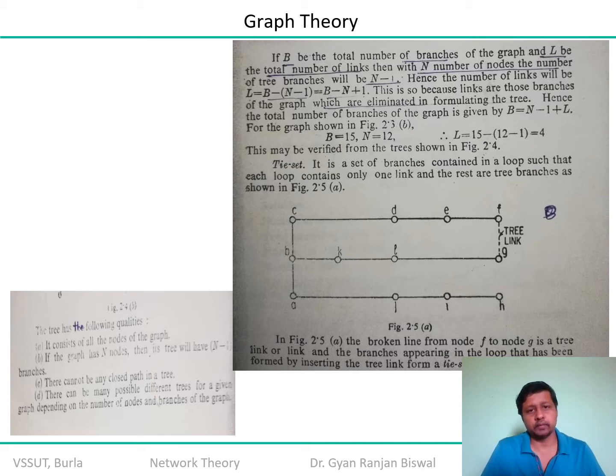Therefore, the number of tree branches will be n minus 1.